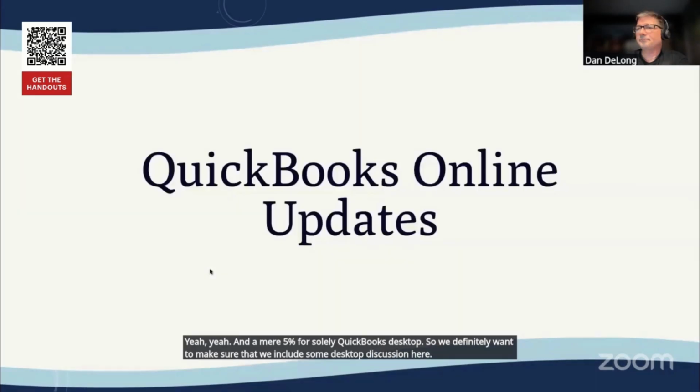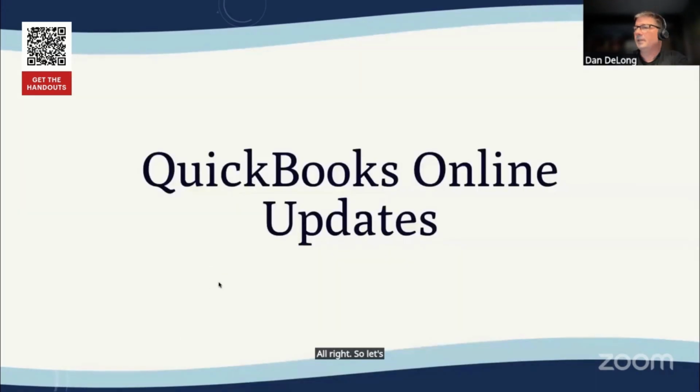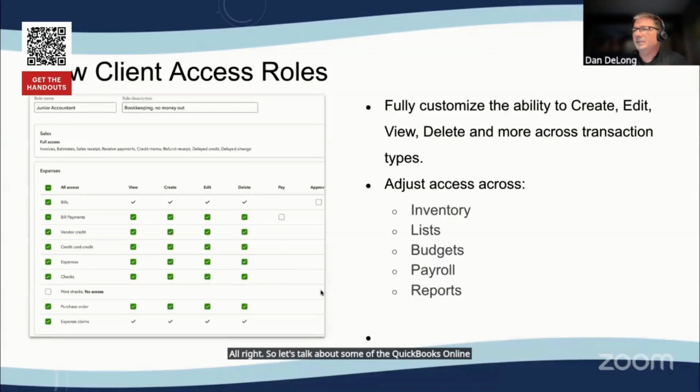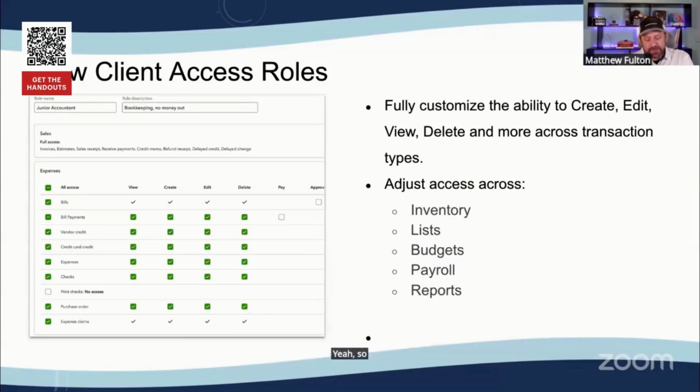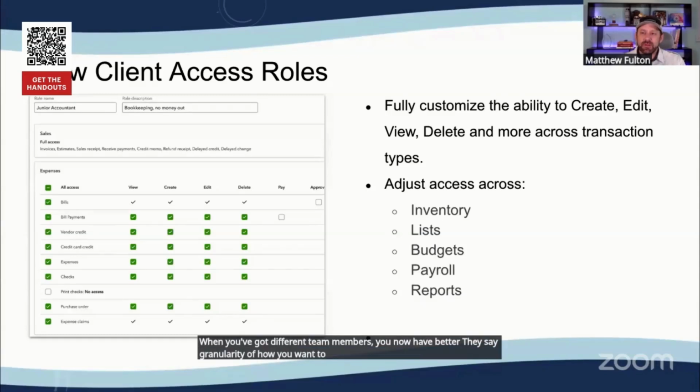All right, so let's talk about some of the QuickBooks Online updates. If you want to talk about the client access roles. Yeah, so this one specifically has to do with us accountants. When you've got different team members, you now have better granularity of how you want to provide access within your books as well as other companies' files.